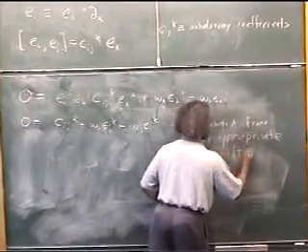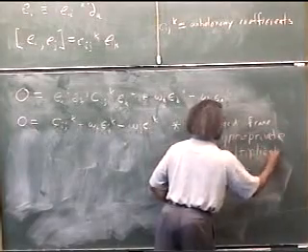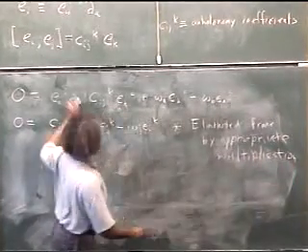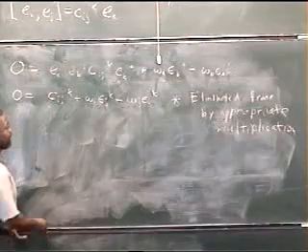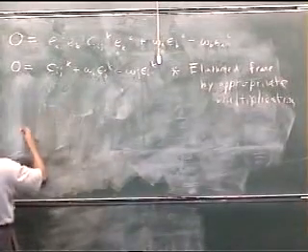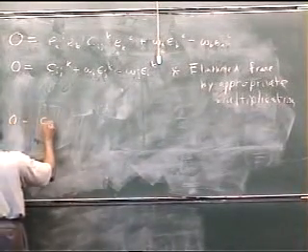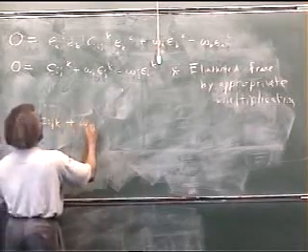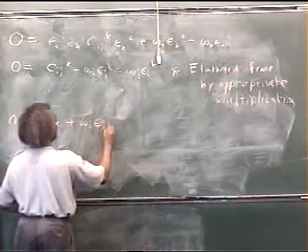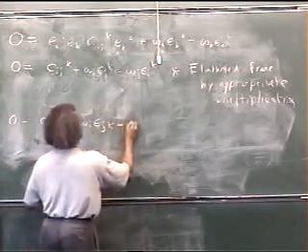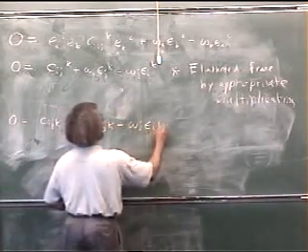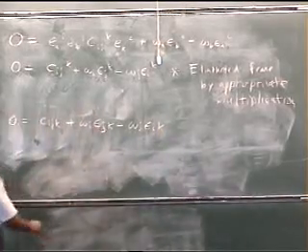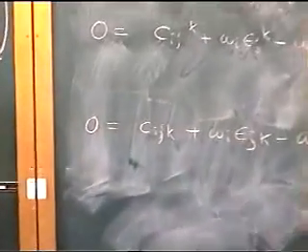The next step is, after we've eliminated the frames by appropriate multiplication, we then use the flat Minkowski metric to lower the k index. So Cijk plus omega I epsilon jk minus omega j epsilon ik. So that's true.